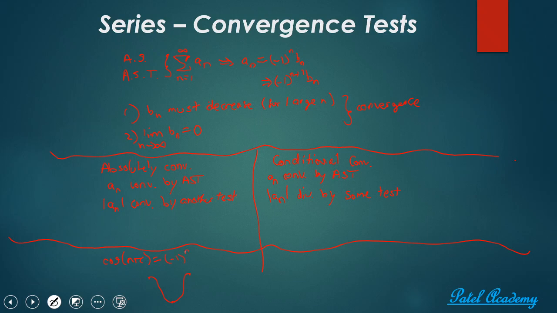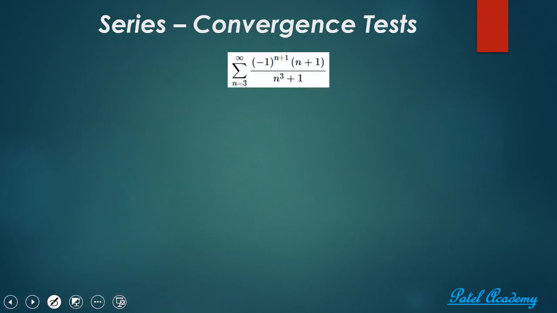This is how you convert a trig. It has to be cos because sine will just be 0 always. But if you have a cos in the numerator or in the denominator, this is the conversion you have to make in order to convert it into an alternating series and then use the alternating series test. So let's give it a shot.